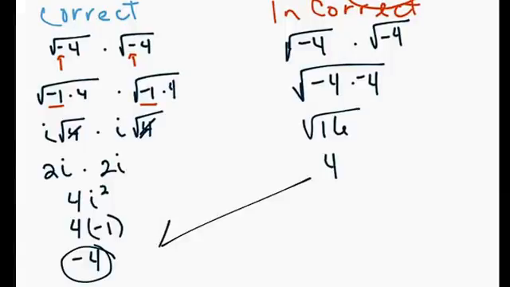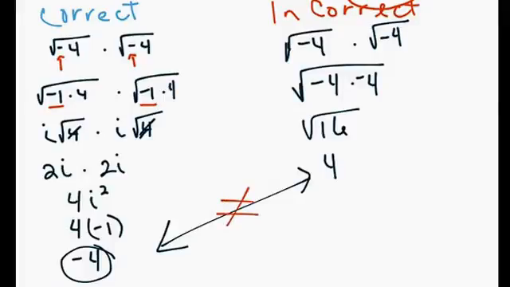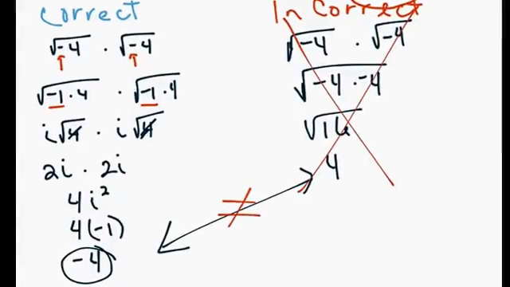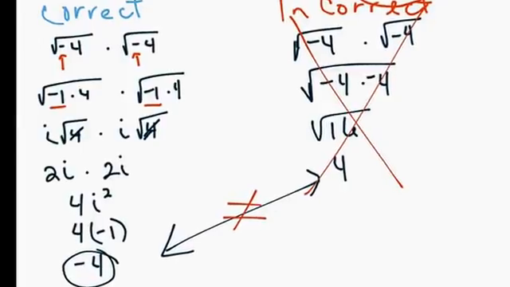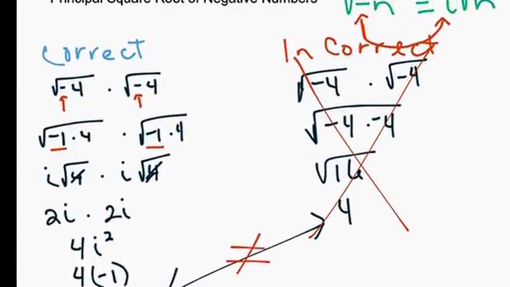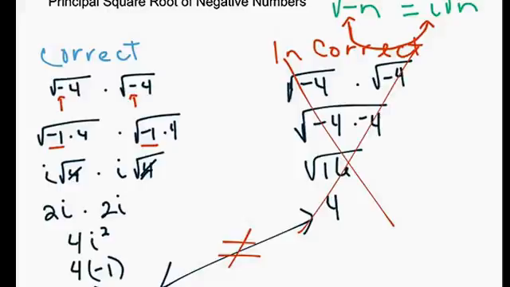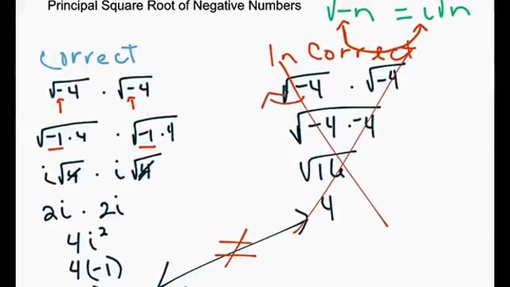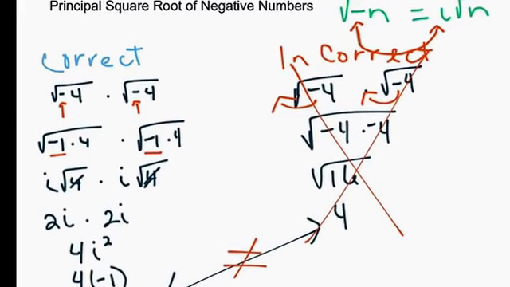Notice, not equal to each other. This one is not correct because it did not follow the principal square root of negative numbers of pulling the negatives out first. Okay? All right.